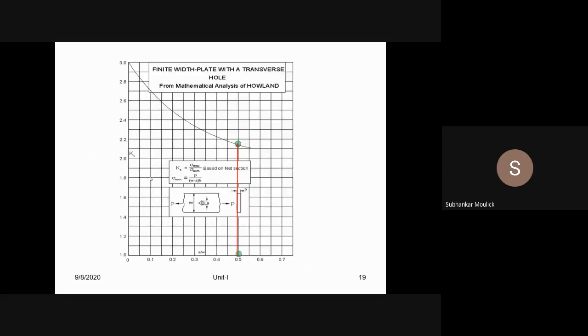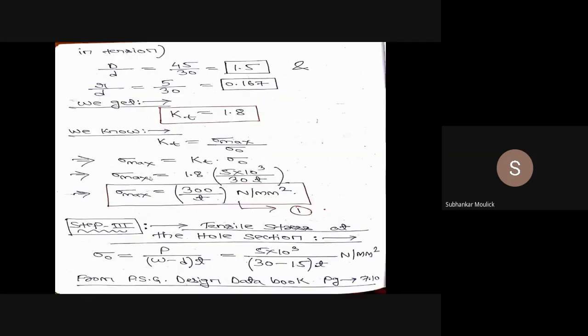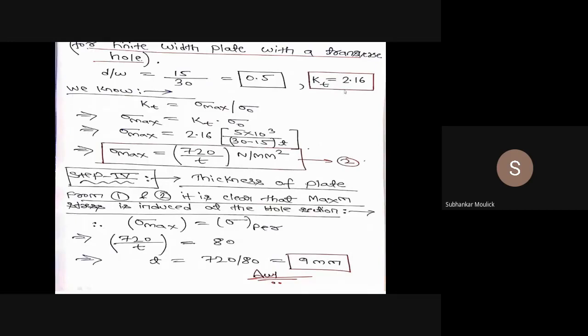So once we have calculated the value of Kt, that is 2.15 or 2.16, now Kt is stress concentration factor, sigma max by nominal stress sigma naught. So maximum stress generated is Kt into sigma naught.